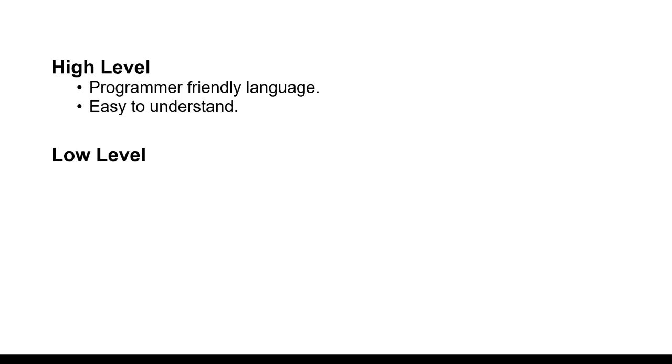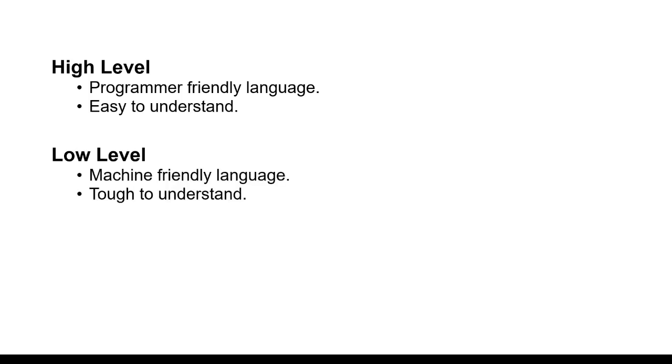The code or the language written using these zeros and ones is called low level language, and it is used by the computer. Low level language contains ones and zeros. That is machine friendly language. It means the computer can easily understand the zeros and ones, but it is very tough for humans because we cannot read zeros and ones, right? So it's very tough to understand.